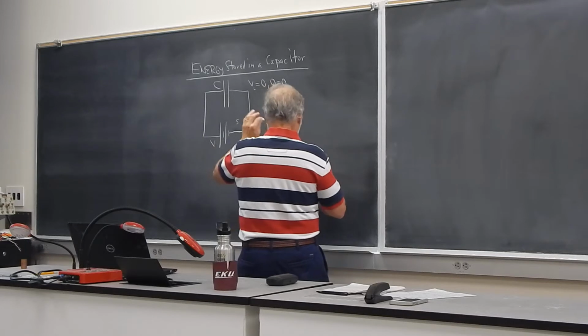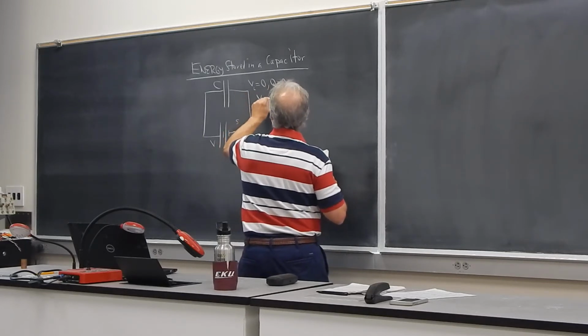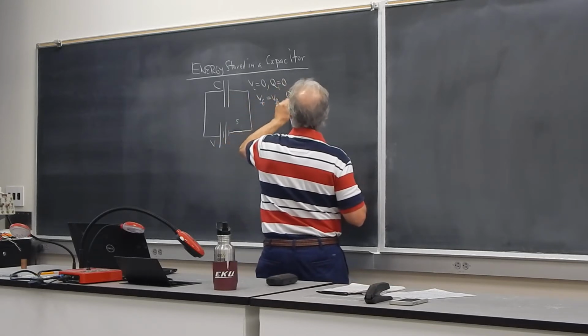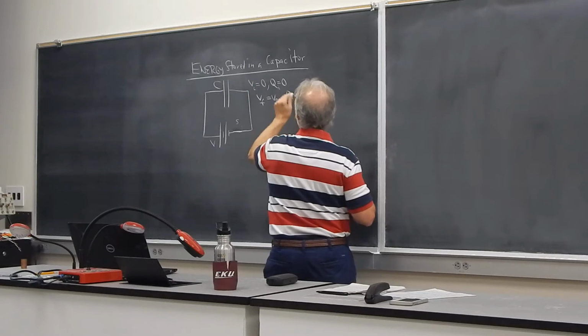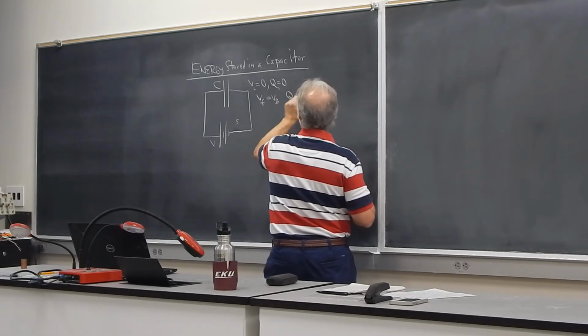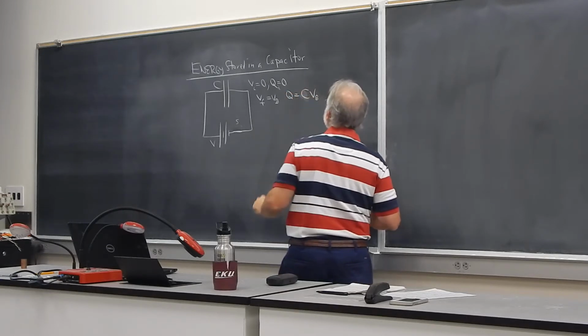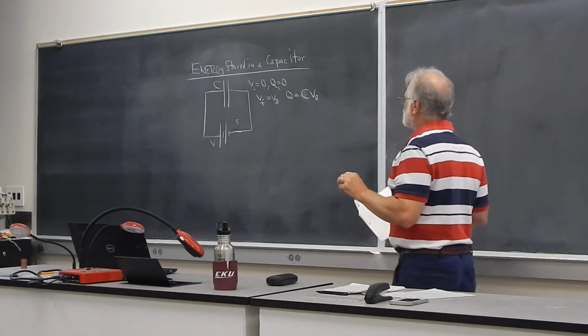Notice, when it's fully charged, the voltage, call it V final, is going to be equal to the voltage across the battery, and the charge on the capacitor will be equal to the charge coming from the battery, or we'll just write that as the capacitance of the capacitor times the voltage of the battery.